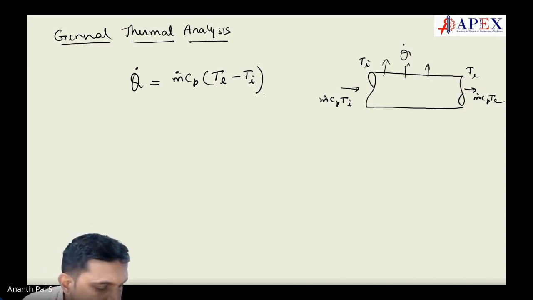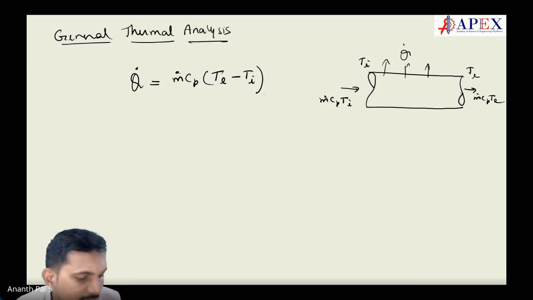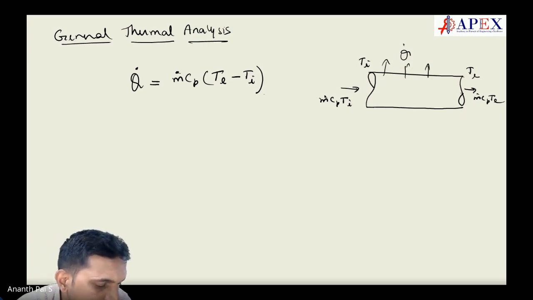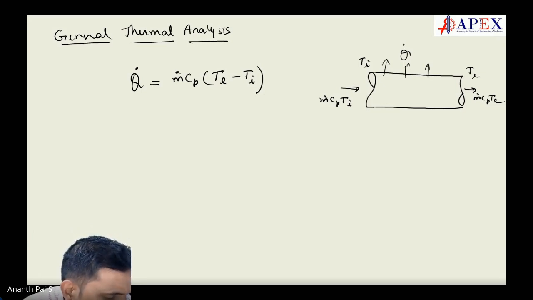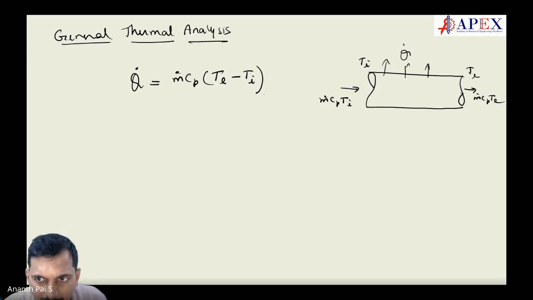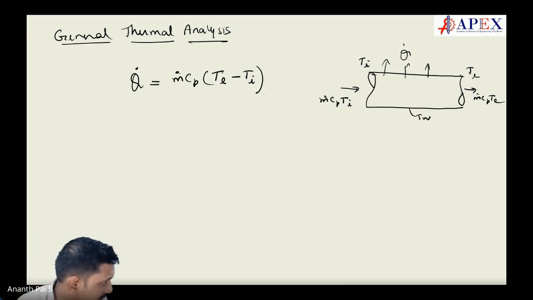Okay. So now, the surface can be treated in two ways. From here to here, the wall temperature is changing, so there is a variation, or there might be a variation.